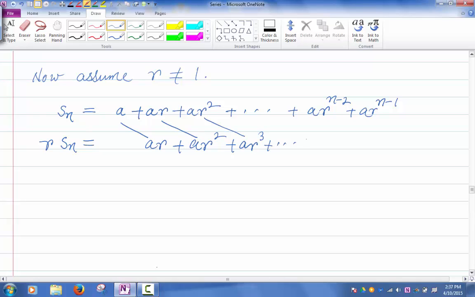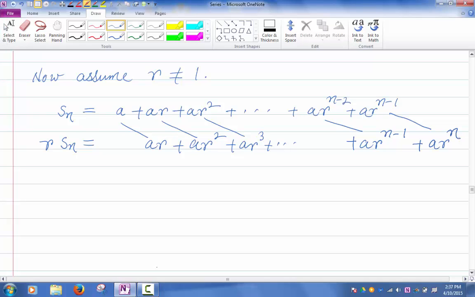Plus dot dot dot. Plus, when you multiply this guy by r, you get ar to the n minus 1, and when you multiply this guy by r, you get ar to the n. Is everybody okay? Now I'm going to subtract.